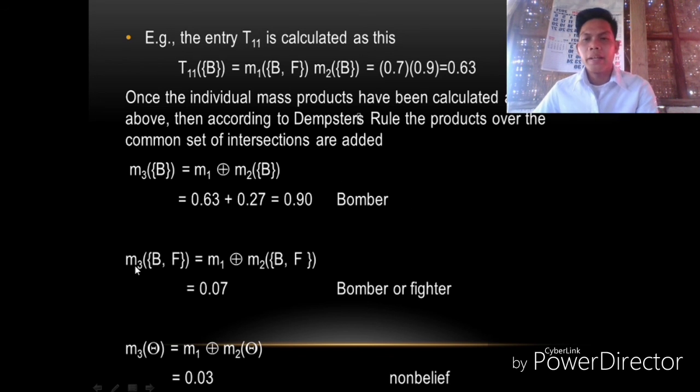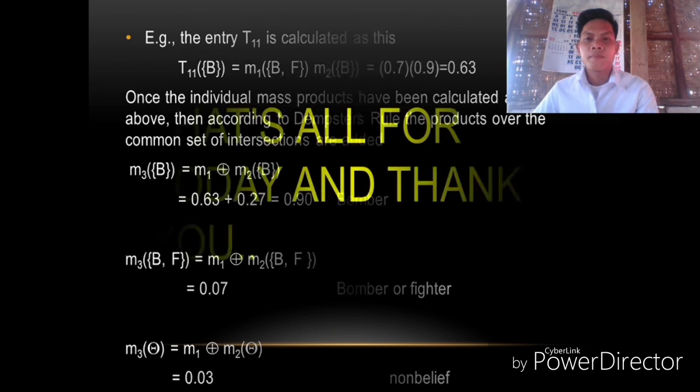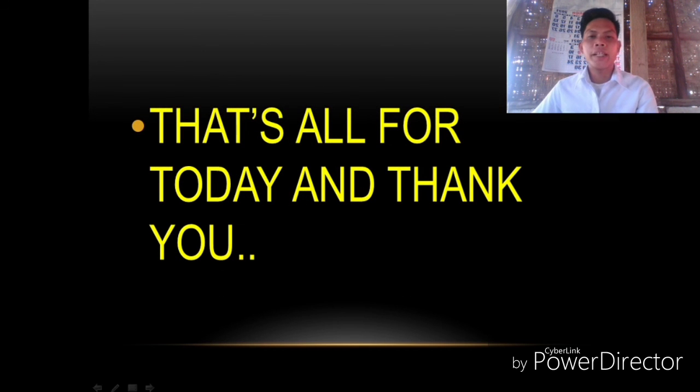Then M sub 3 of B and F equals M sub 1 and M sub 2 of B and F equals 0.07. So this is the bomber or the fighter. Then M sub 3 of theta equals M sub 1 and M sub 2 of theta equals 0.03, the non-belief. So that's all for today, and thank you.